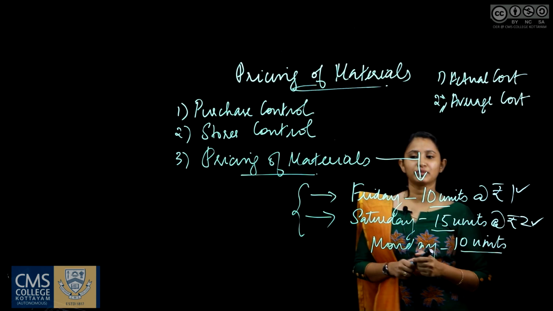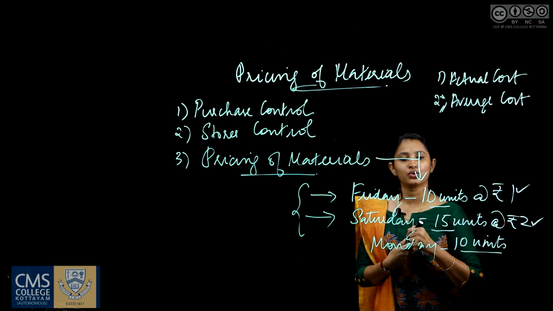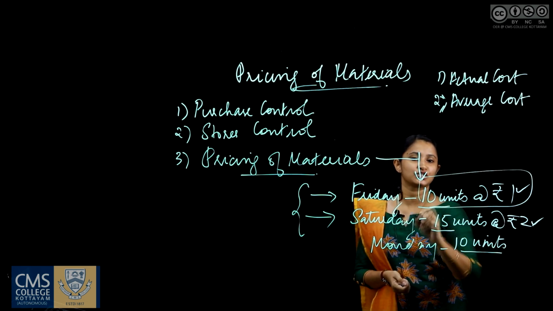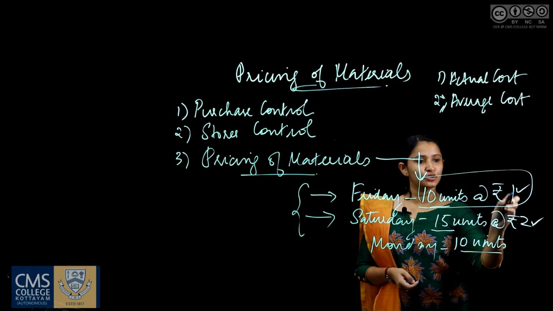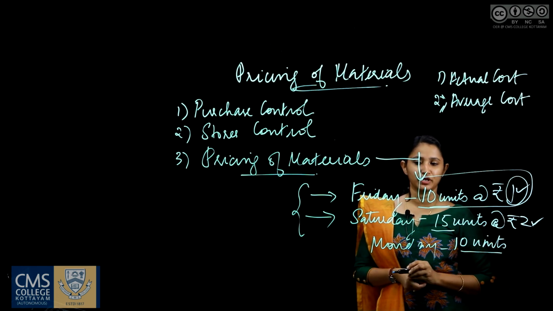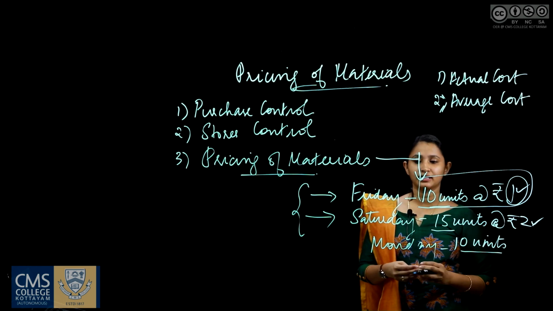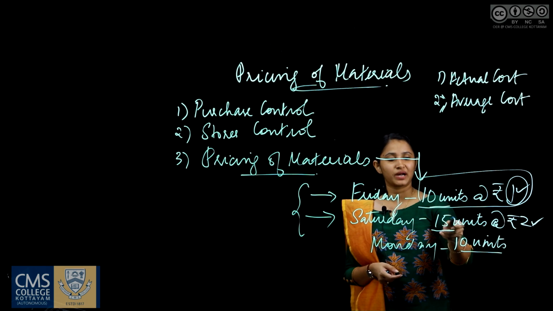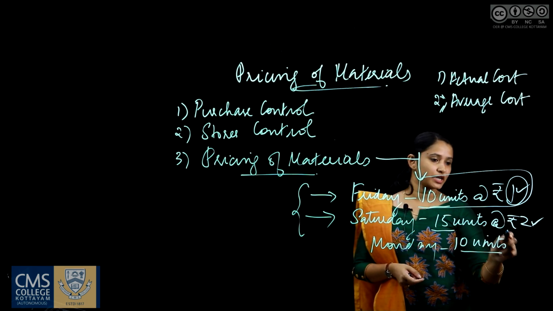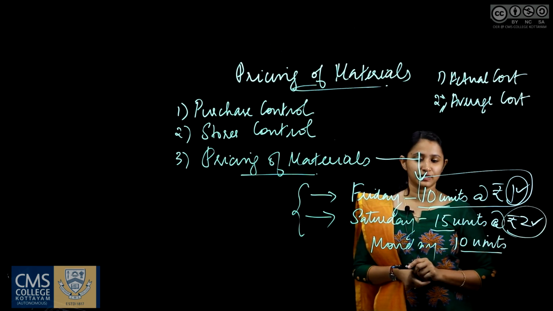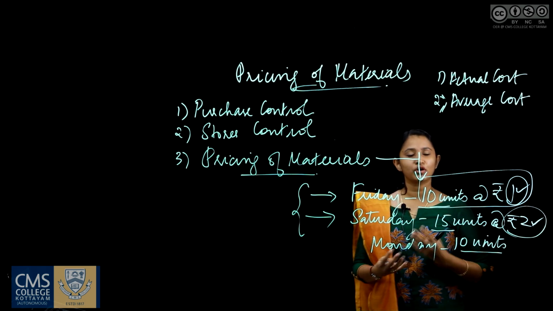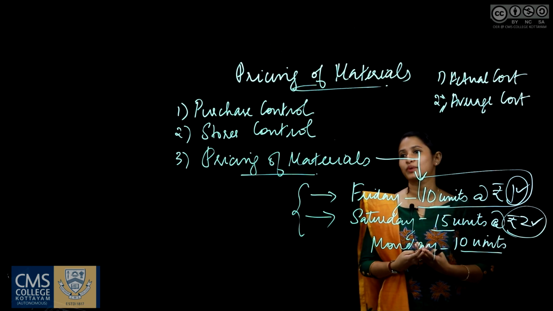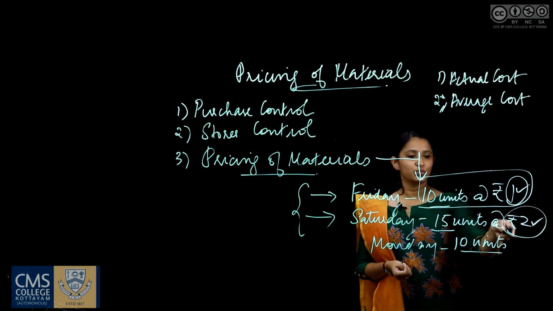In this example, if the costing clerk issues from the first lot, the lot purchased on Friday, then these 10 units will be issued at 1 rupee per unit. On the other hand, if the costing clerk issues these 10 units from the second lot, then the price is rupees 2 per unit. So depending upon the method we use for pricing of materials, this cost will differ.